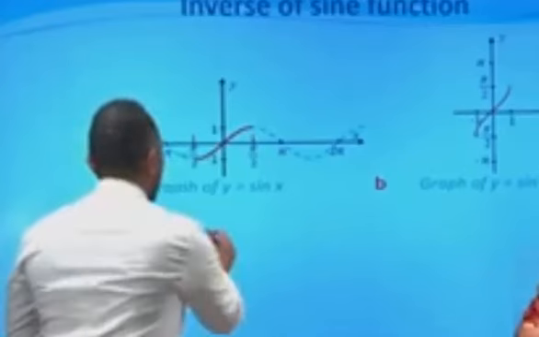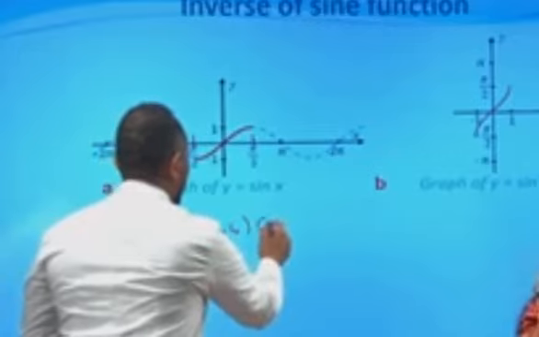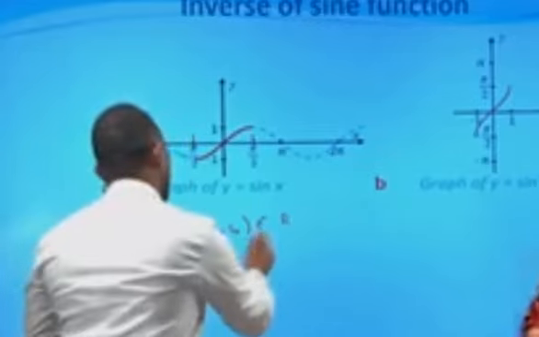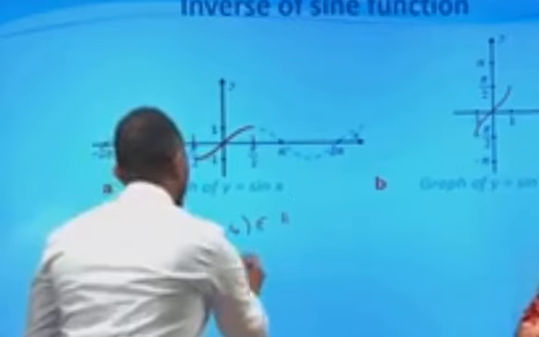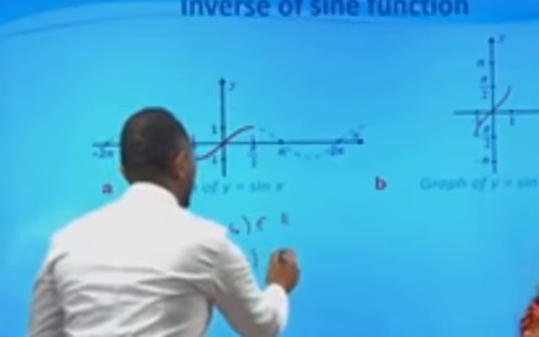If (a, b) is an element of a certain relation or a function f or r, the inverse will be (b, a).